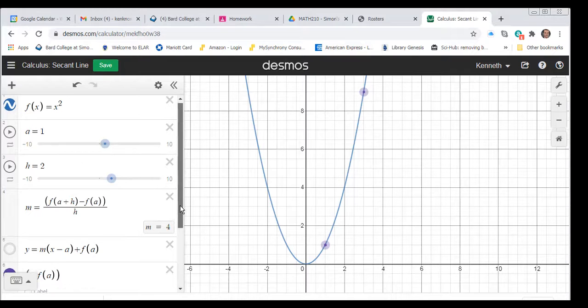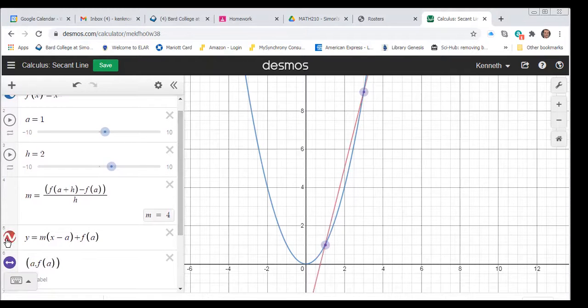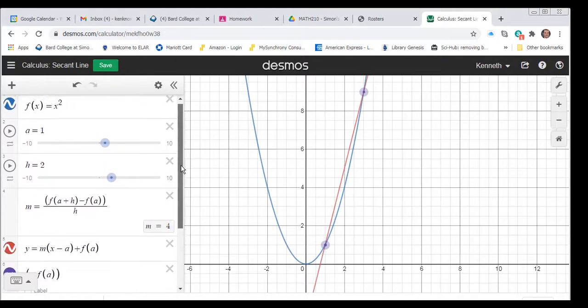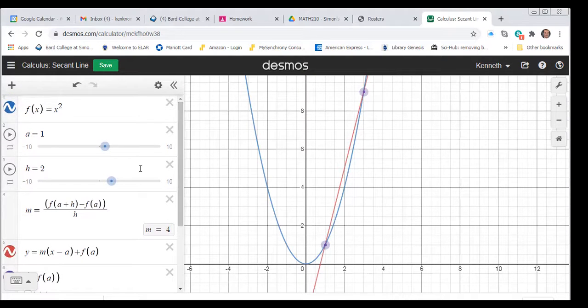And I can even show you a graph of the secant line. It's y equals, well, there's the formula there. And this is going to let me change the slider to get the different variables. So if I go from 1 to 2 instead of 1 to 3, then my step size is just 1. So I'll move h down to 1.